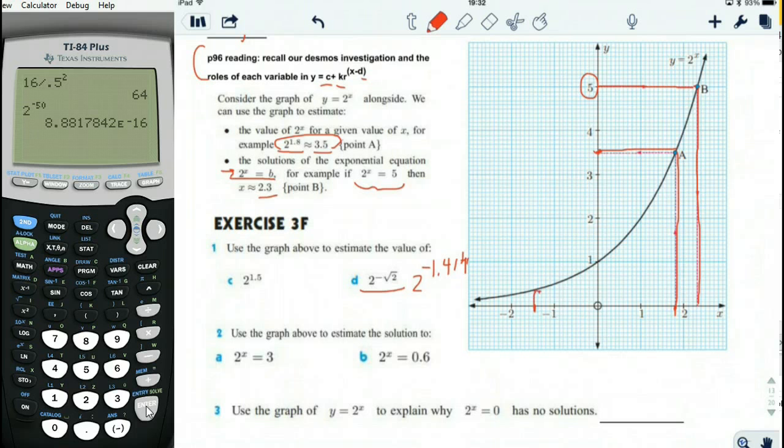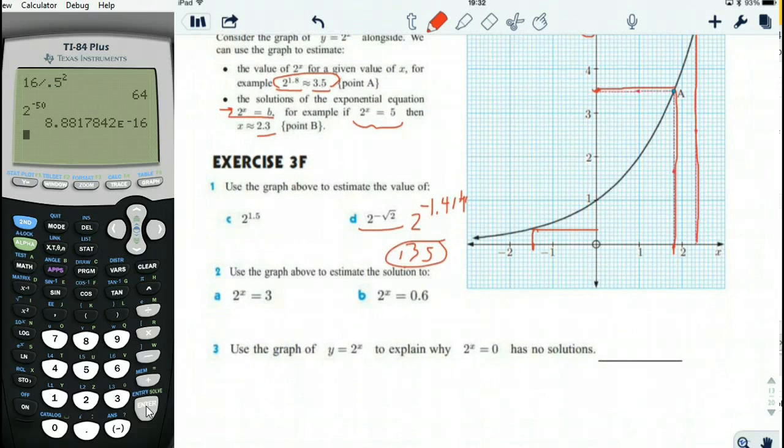What is the y value? It looks like about 0.4, maybe 0.35. So we could say it's 0.35, maybe. All right, use the graph above to estimate the solution to 2 to the x equals 0.6. We take 0.6, it's about there, and that would be about equal to, maybe, negative 0.7.